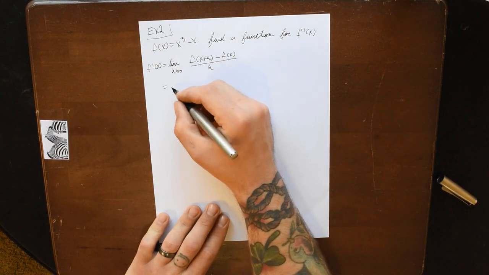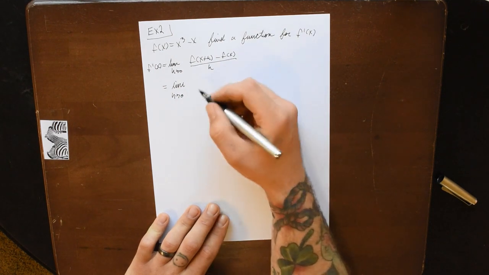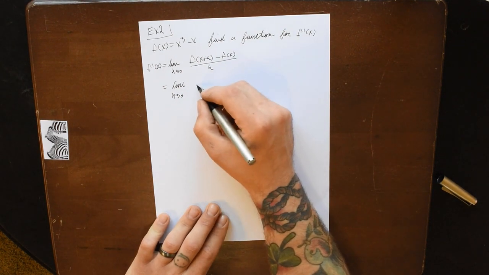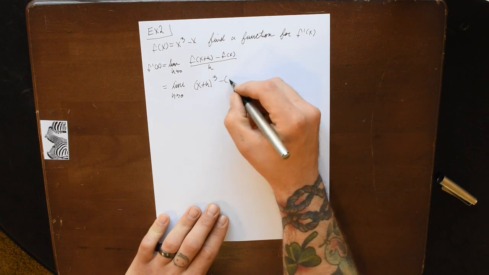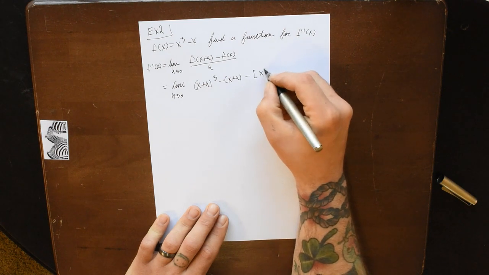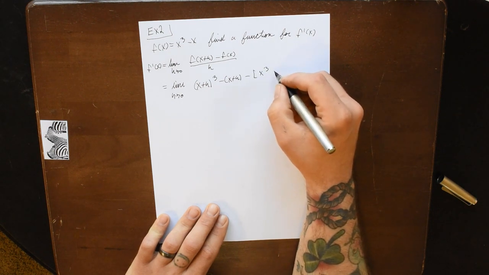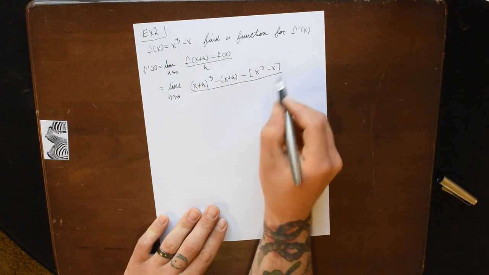So we can rewrite this limit as the limit as h goes off to 0 of, we can say, (x plus h) cubed minus (x plus h) minus (x cubed minus x), all of that still divided by h.